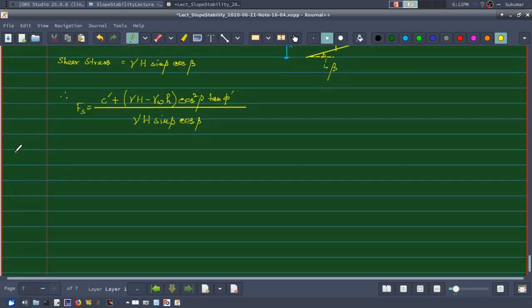Now for full submergence, for complete submergence, my small h becomes equal to H and gamma becomes equal to gamma saturated.